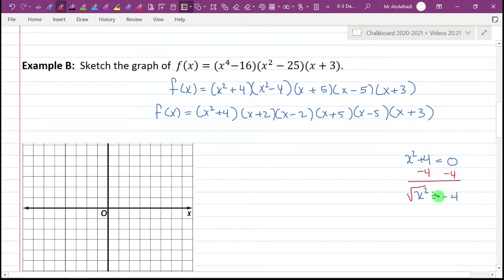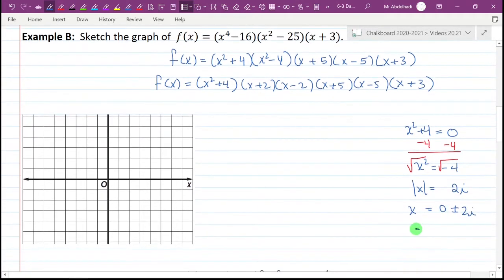You'll square root both sides. You get the absolute value of x equals, what's the square root of negative 4? 2i. You drop the absolute value bars, and you get 0 plus or minus 2i. Those are two imaginary roots. Okay, two imaginary or two complex roots. Roots slash zeros, whatever you want to call them.